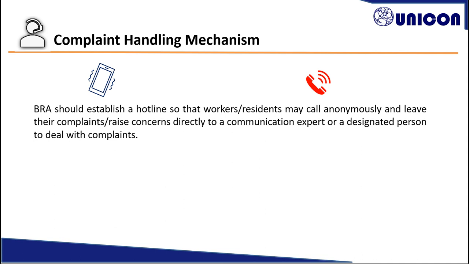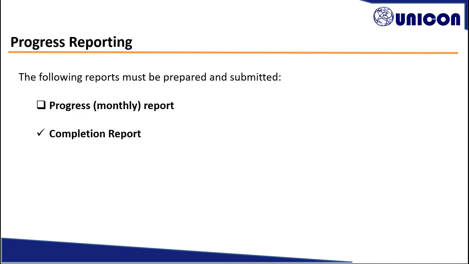Now we move to the reporting component of the system. It comprises basically progress or monthly reports and completion, final report. Progress report summarizes implementation activities and should provide clear information on the progress made, resources used, constraints identified, next steps planned, and lessons learned.